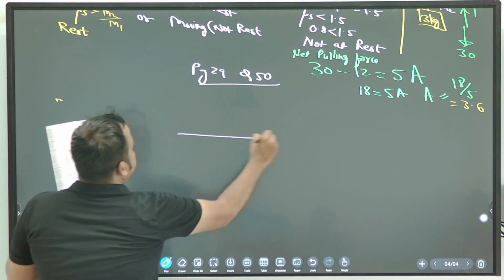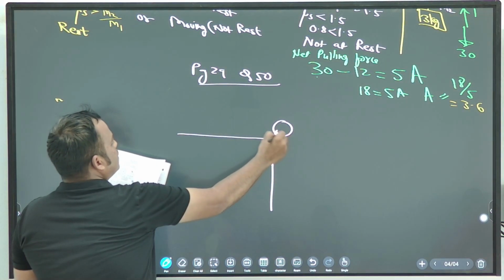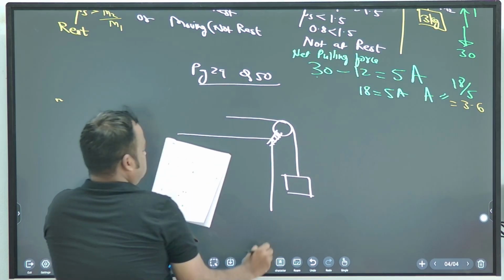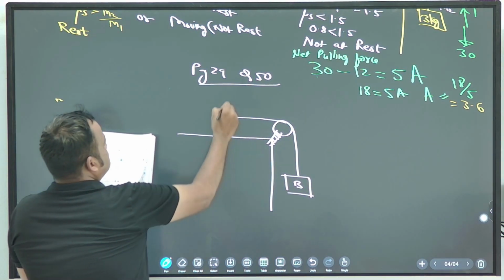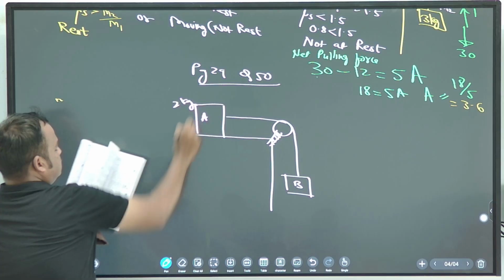This is the question. Here a pulley is there, one string. Here block B, block A. Mass of block A is 2 kg.